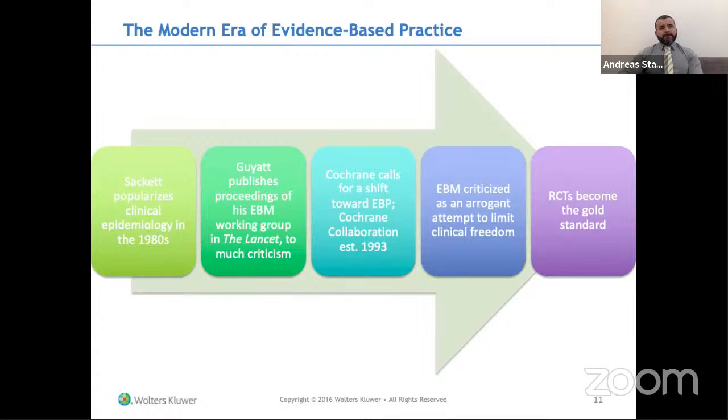It really has to do with, although I'm simplifying it, the major advantage of RCT, which is randomization. All right. RCTs are not perfect. However, they're considered the best way to do research.